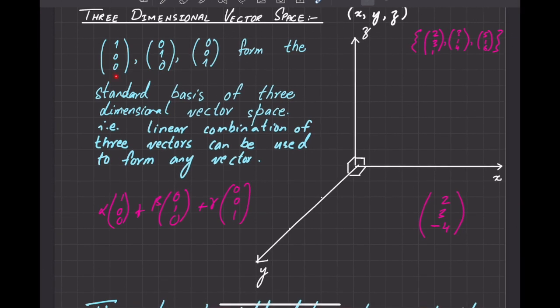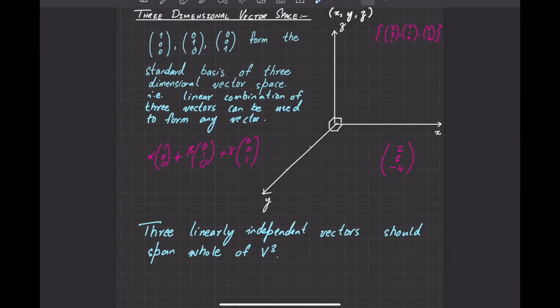So either you can take the standard basis for three-dimensional vector space, which would be (1, 0, 0), (0, 1, 0), and (0, 0, 1), or any other three vectors which are linearly independent. If there are three vectors which are linearly independent, that means they span the whole of three-dimensional vector space. A standard example of three linearly independent vectors is (1, 0, 0), (0, 1, 0), and (0, 0, 1).